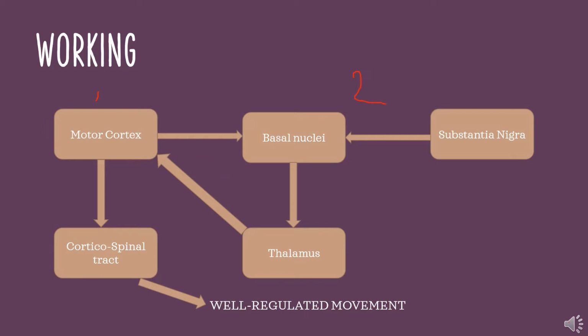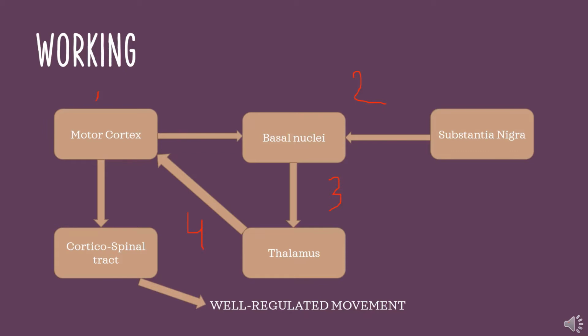receive input from the substantia nigra, facilitating the overall process. This processed info is then conveyed to the thalamus, specifically the ventroanterior and the ventrolateral nuclei, and from there back to the motor cortex.